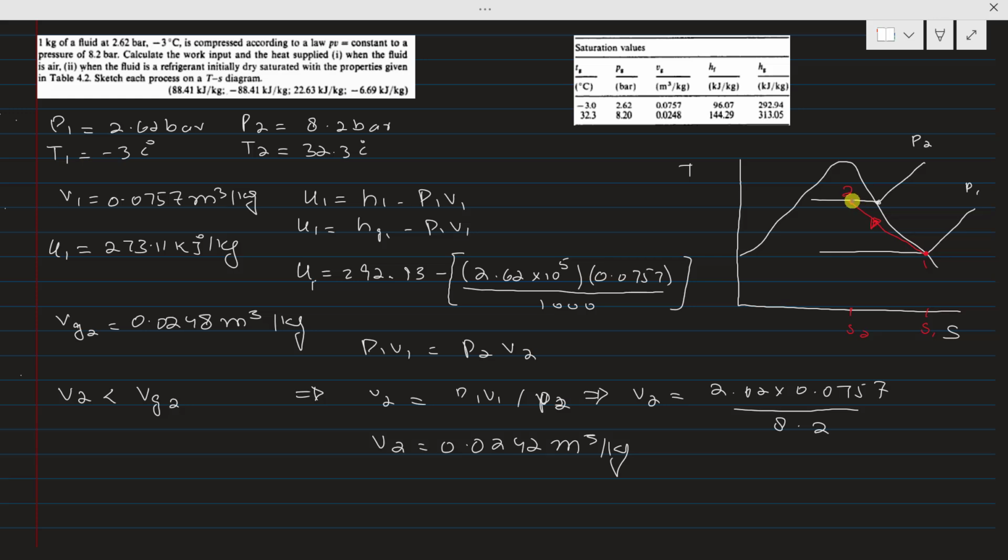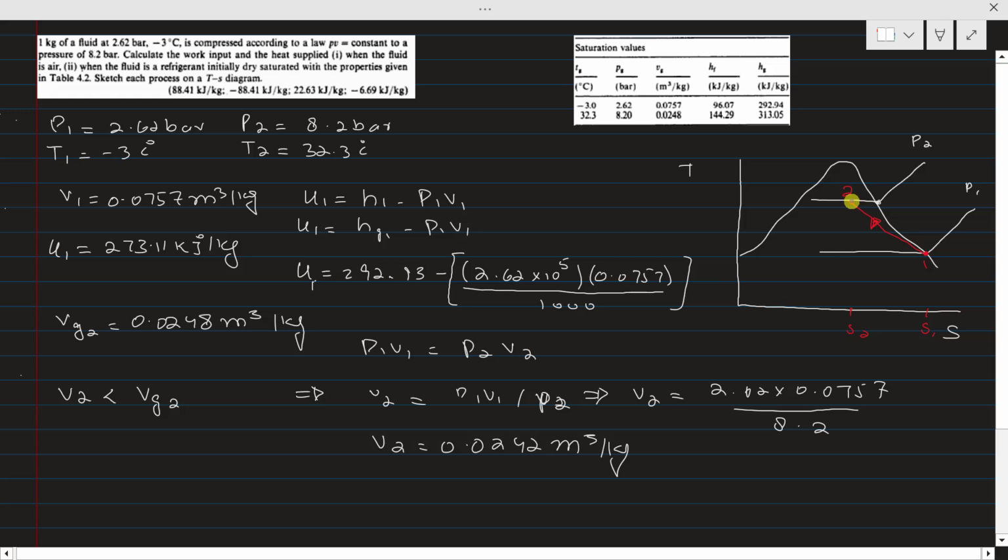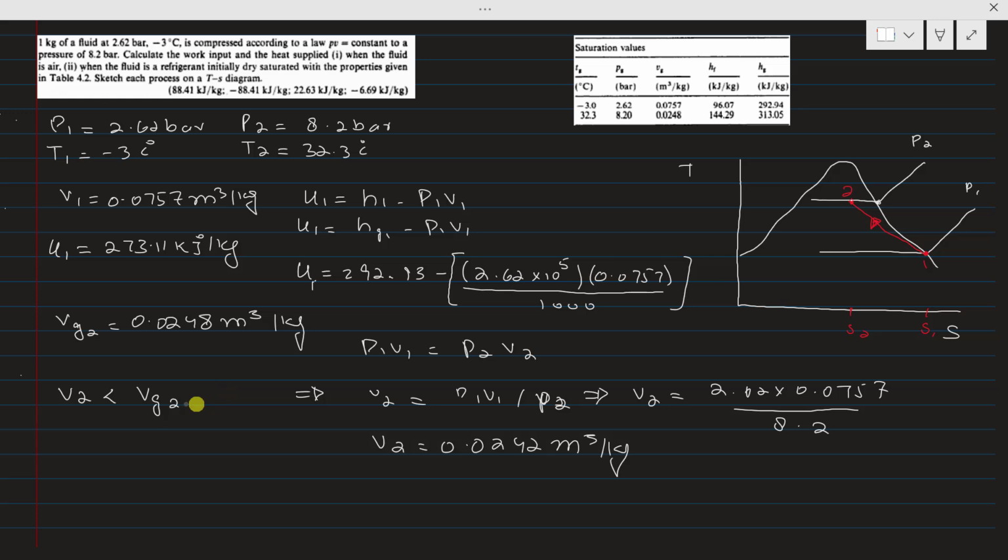So it lies here. Okay, so it means that our state point 2 is in the wet region. So this is our conclusion point, where our state point will lie. That's why we find this from the steam table and this from our formula that is given in the statement.